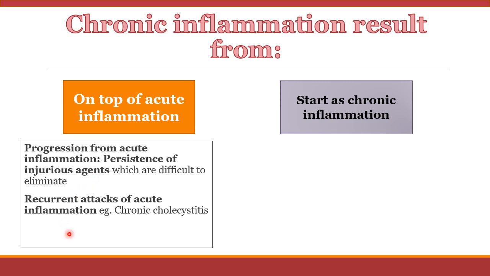The other option is that sometimes we have recurrent attacks of acute inflammation on top of chronic inflammation. Sometimes we have a chronic inflammatory process, but during this process we have some acute attacks in the middle. The best example for that is a disease called chronic cholecystitis.